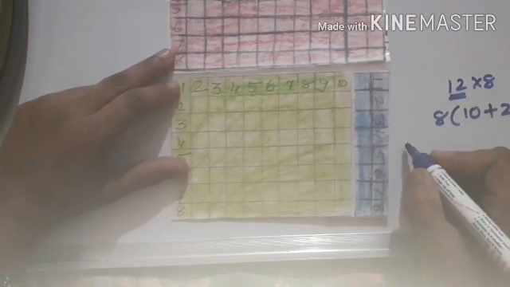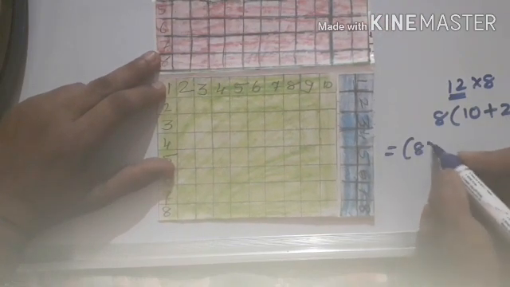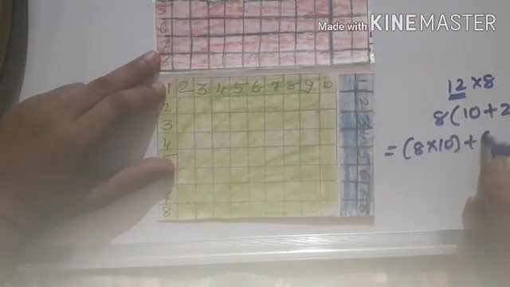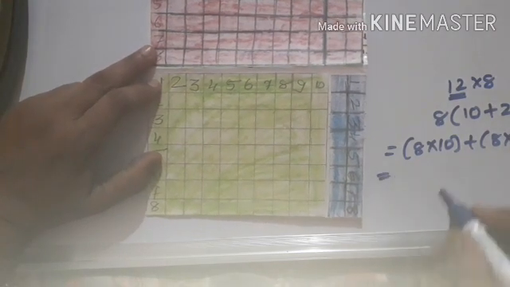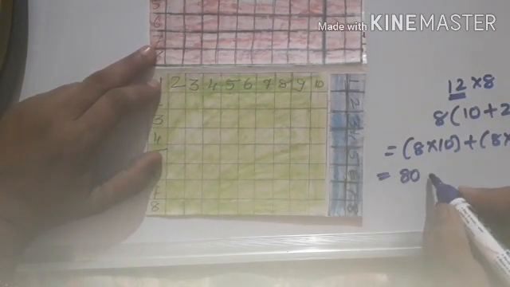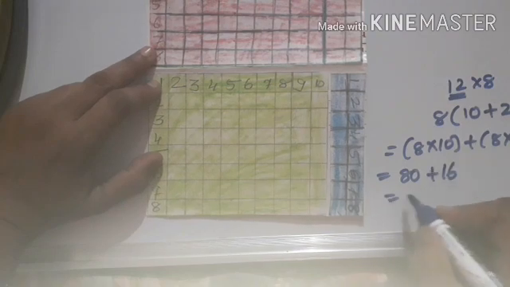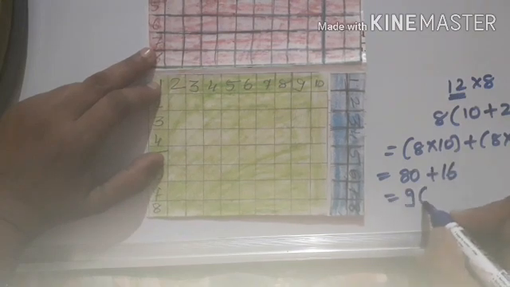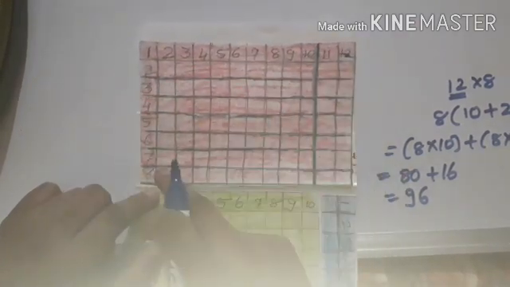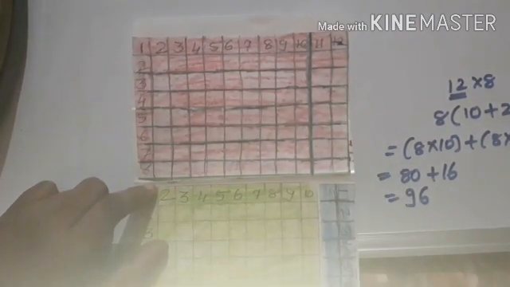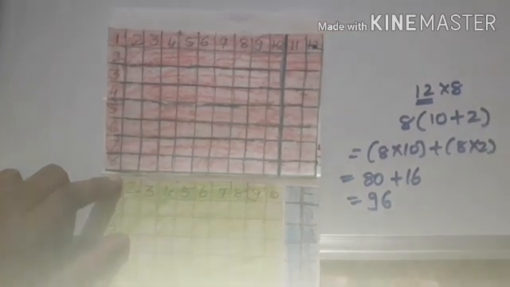So you will have the first part 8 into 10 plus the second part 8 into 2. This will be 8 tens are 80 plus 16, that is equal to 96, which is one and the same as 12 8s are 96.